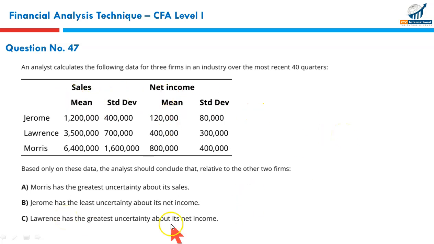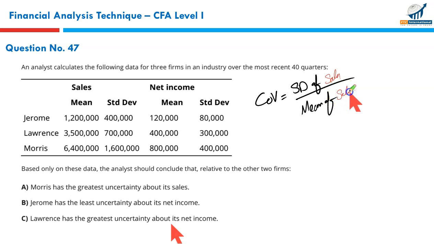Have you read the whole formula sheet that I shared? You would know that the coefficient of variation, whether it is for sales, income, or operating profit, is given by this formula: standard deviation divided by the mean. Standard deviation of sales divided by mean or average of sales.